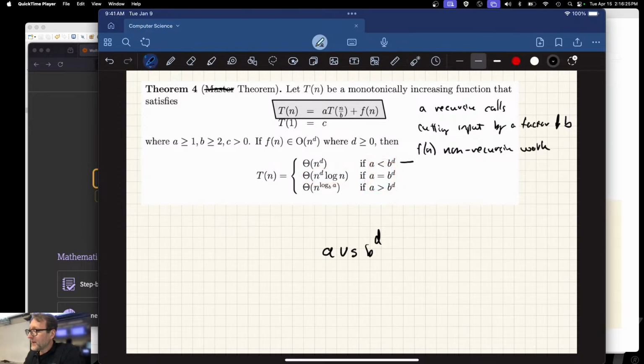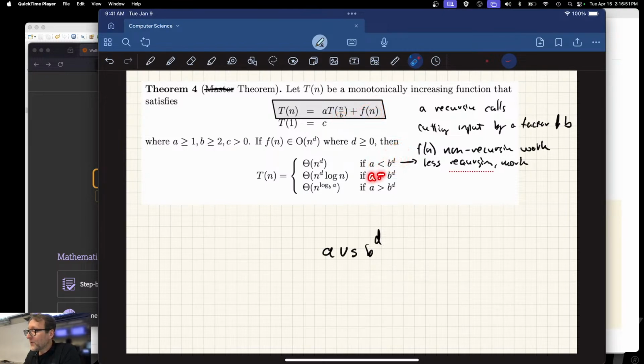This case says that you're doing less recursion, more non-recursive work, because A is the number of recursive calls that you make. And so A being strictly less than B to the D, B to the D is capturing the amount of non-recursive work that you do, because that's how much you cut the function down, and that's how much non-recursive work you're doing with respect to D, right?